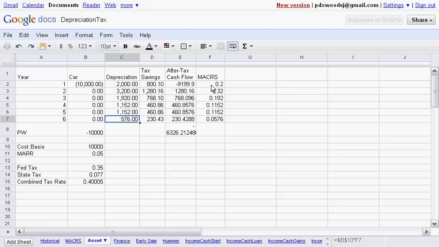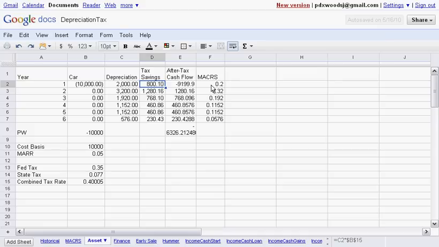Key thing to remember if you're using the modified accelerated cost recovery system tables is that it's just cost basis times the number in the tables, and if you add all these up, you end up fully depreciating the asset. Those all add up to the original $10,000. Now, again, depreciation happens when you're in a business context, and because you have depreciation, what you have are additional expenses.